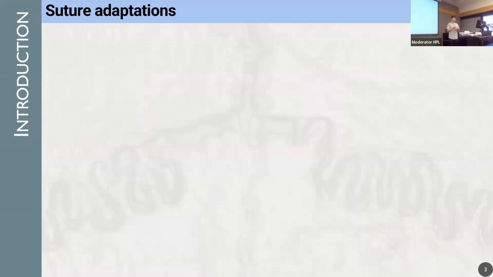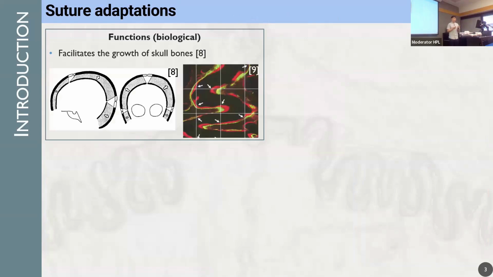In terms of biological functions, suture is one of the 2 main mechanisms of bone growth in the skull. It turns out there are no growth plates in our skull.